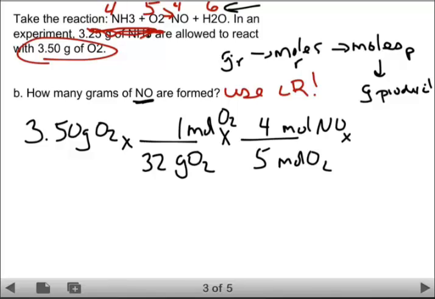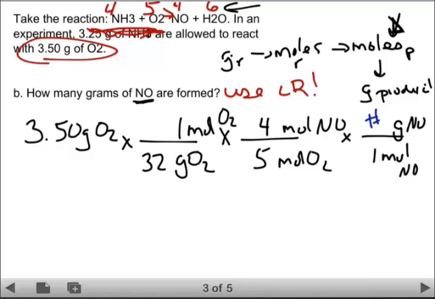And now I'm right here in this whole process, and I'm trying to go to grams of product, so I'm going to use the molar mass again from the periodic table, but this time for NO. So 1 mole of NO, because I want those to cross off, gives me some number of grams of NO, and that's where I will finish. So we'll put some number in there.